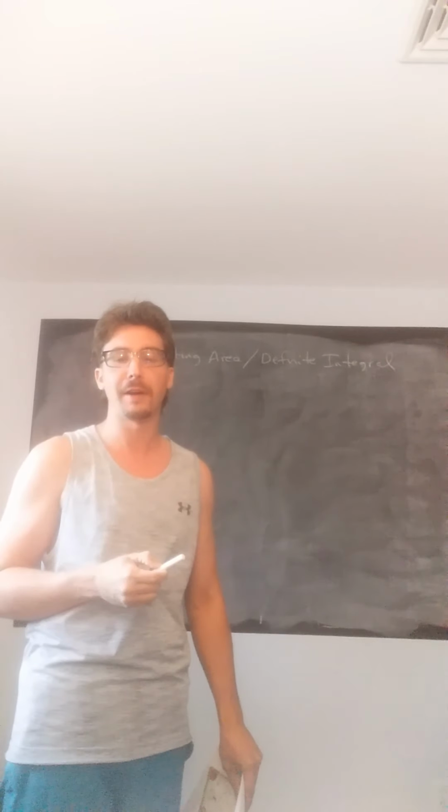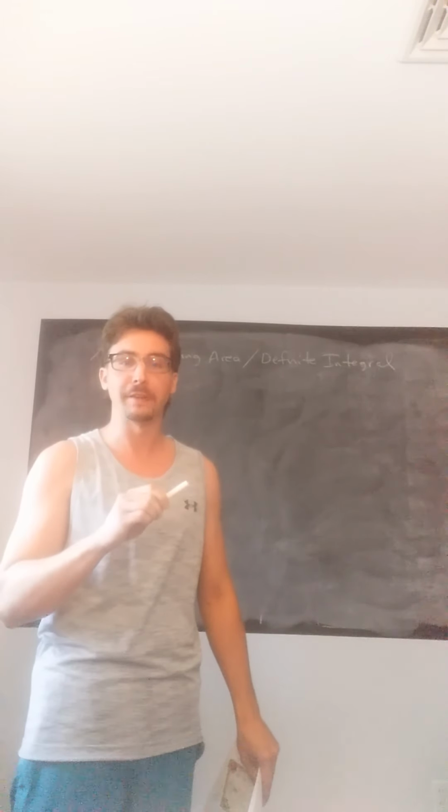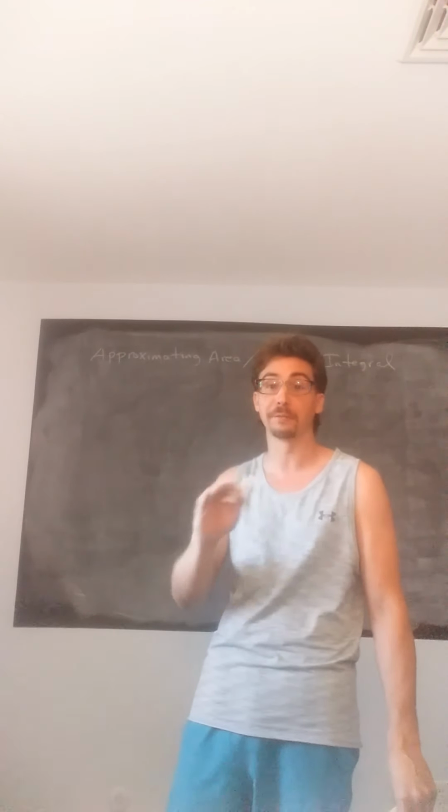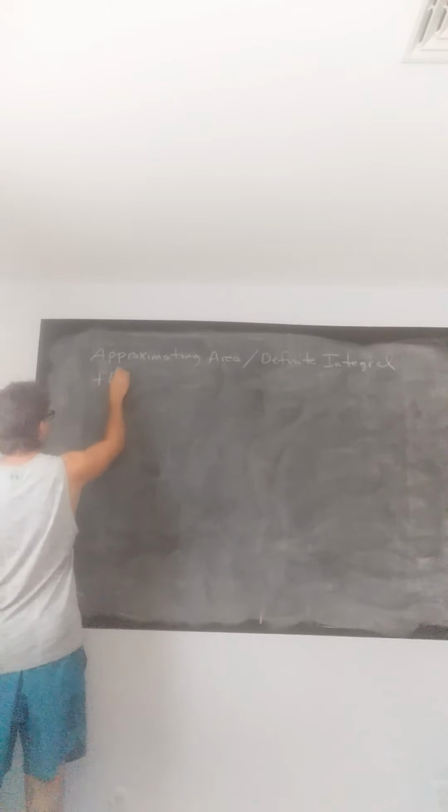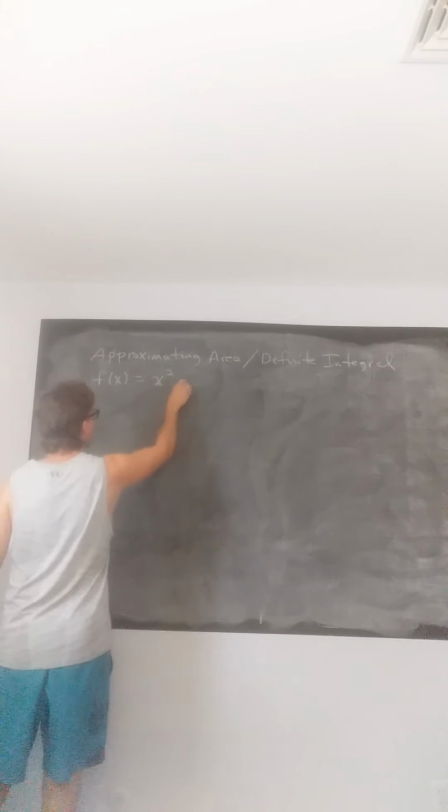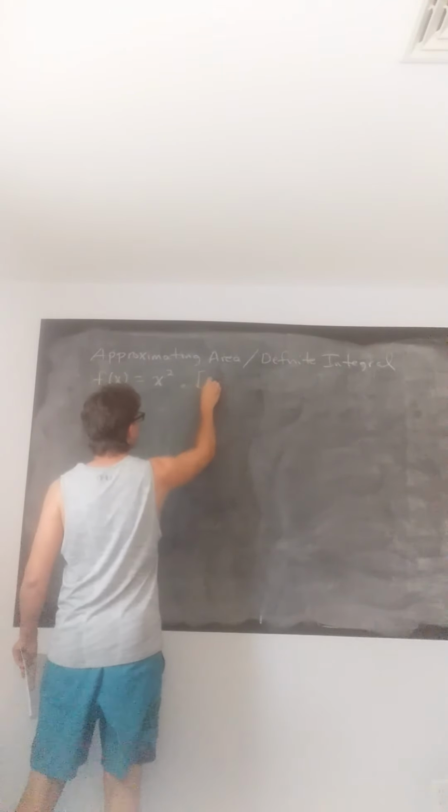We want to figure out the area underneath the curve. We'll start off with a very easy function, a parabola, with no funny business. We don't have the curve going under the x-axis, because when that happens, the idea of area changes a little bit. Let's take a function we're quite familiar with, x squared, over the interval from 0 to 1.